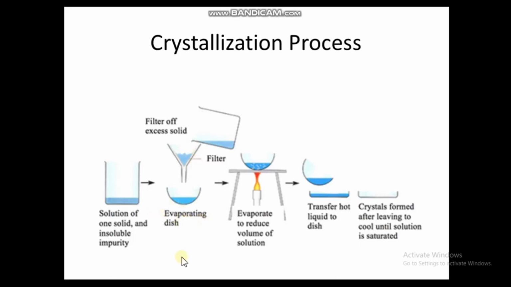When we evaporate, the excess water present in the solution evaporates out, and we can transfer this hot liquid to a dish and leave it undisturbed until it cools. The solution is saturated, and from that we can obtain the crystals when it cools down. So this is one process.